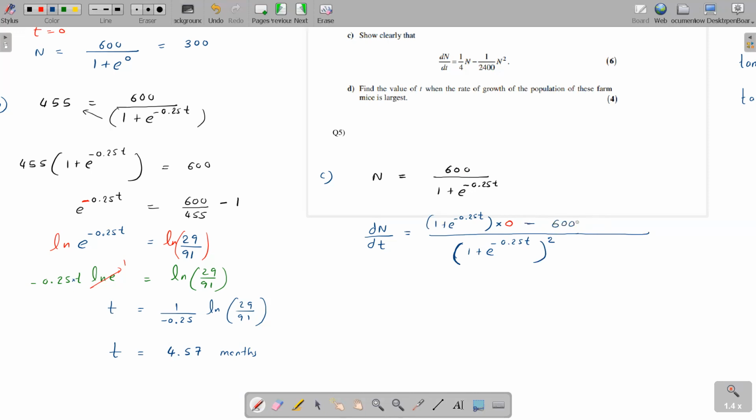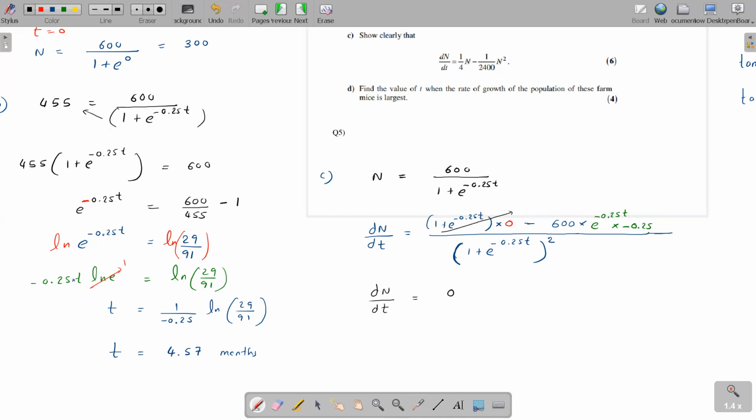So 600 times differentiation of 1 plus e to the power minus 0.25t. What do you get when you differentiate this? Differentiation of 1 is 0, and e to the power minus 0.25t differentiates to e to the power minus 0.25t times minus 0.25. So then you get here dn by dt equals, this whole part is 0.